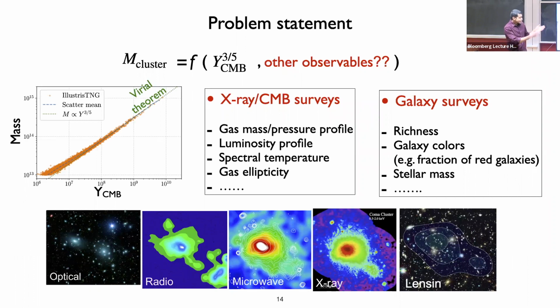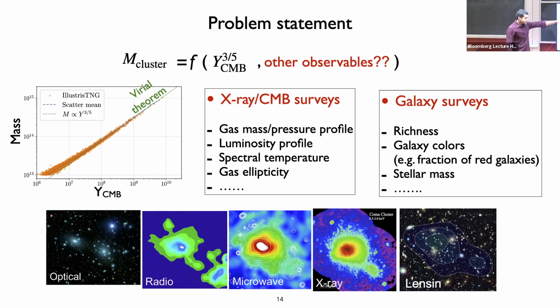So now, getting into the problem that we tried to address. From the last slide, I had shown that the mass of the cluster has a power law relation with Y to the 3/5. But there could be other observables which could have an even smaller scatter with the mass, so we can predict the masses better and estimate the cosmological parameters better. This is a problem of dimensionality.